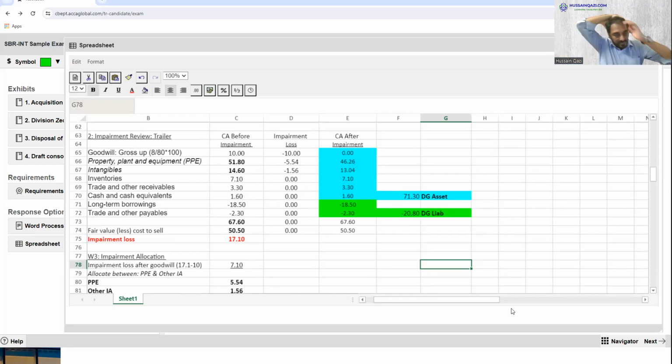After impairment value, adjust the reclassification and also make adjustment with the retained earnings. What I said, also make adjustment with the retained earnings. Sir, retained earnings? How? Yes, that's important.